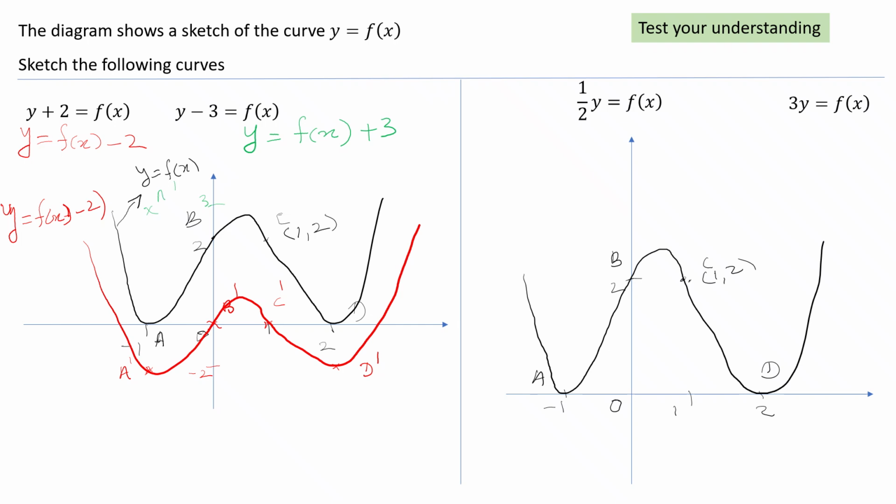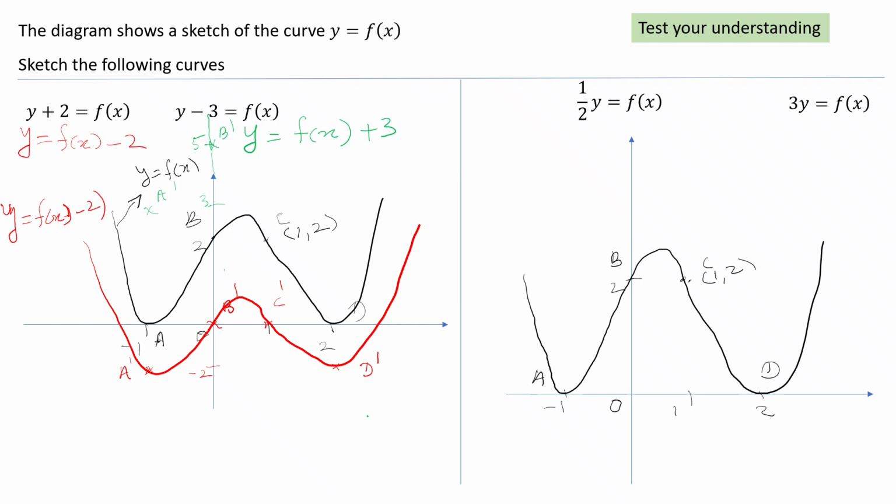So this is A dash. Point B, y coordinate is 2, so the new y coordinate is going to be 5. This is 5. This is B dash.